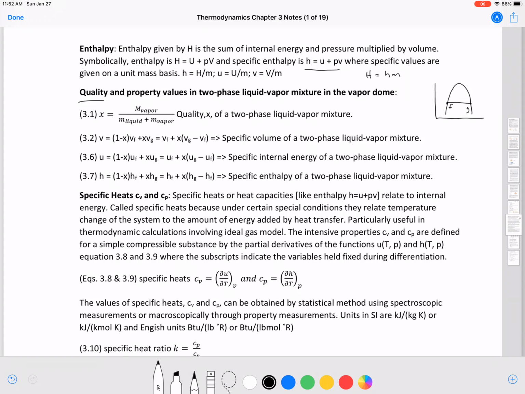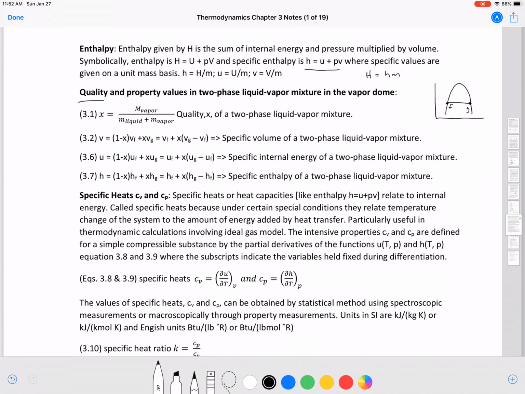We have these other formulas that give us v equals (1 minus x) times vf. Again, vf is the specific volume at the saturated liquid point, plus x, which is quality, times vg, which is specific volume at the saturated vapor point over on the other side of the graph.